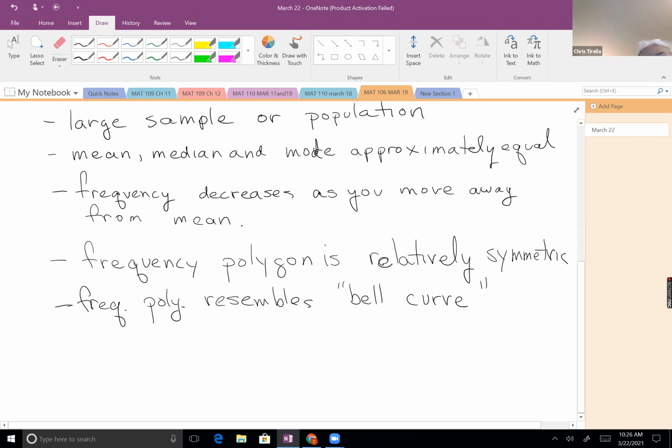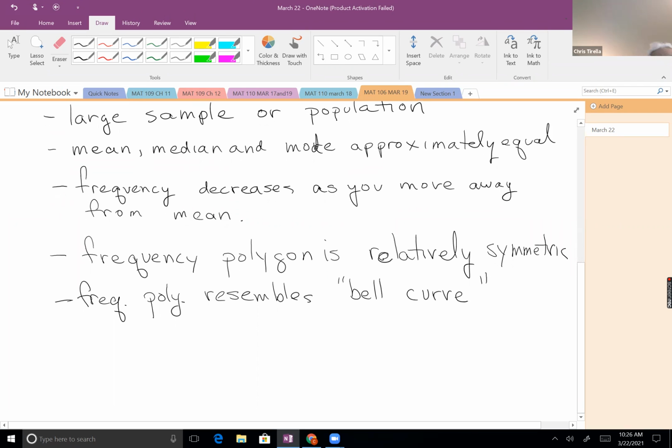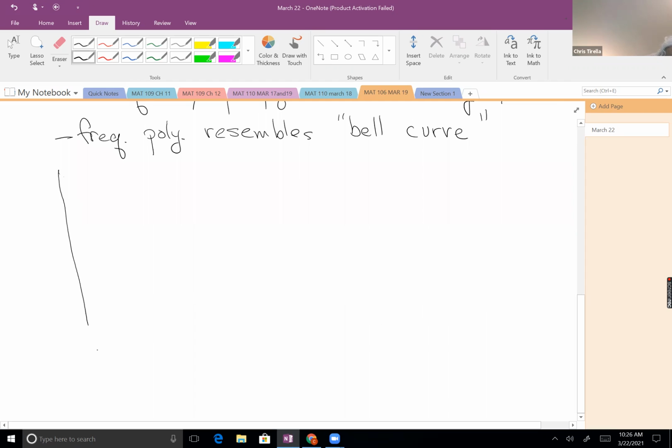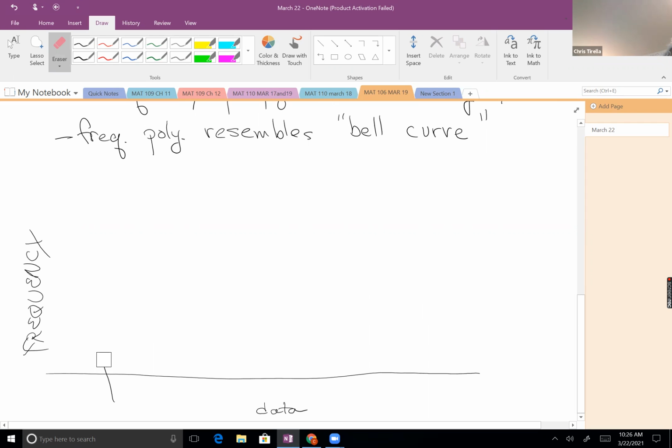Yeah. And so I'm going to try to draw a frequency polygon. Whoops. These will be my data values. This will be my frequency. And that should be a much more perpendicular line than it is. That line was way off. Let me see if I can draw it slightly better.